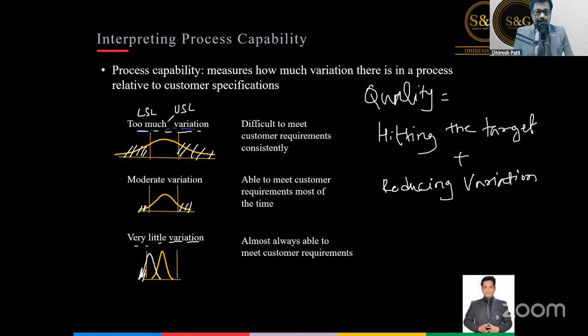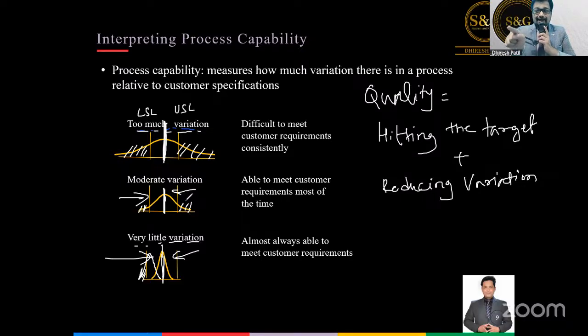So you have to hit the target, hit the center every time, and bring the variation down, very close to the center. So hitting the target is also important and reducing variation is also important.